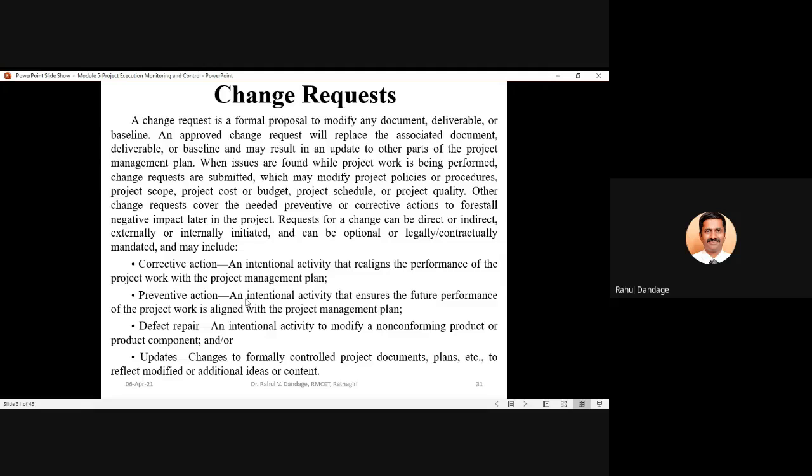The various change requests may include corrective action, preventive actions, defect repair, and updates to the project documents because of changes in the actual practices. So corrective action, preventive action, defect repairs, and updating the documents are the various objectives for which change requests are prepared.